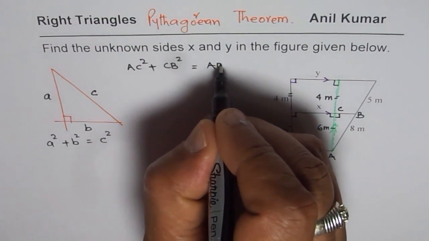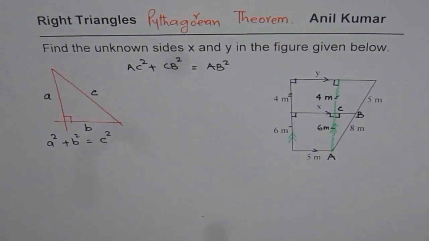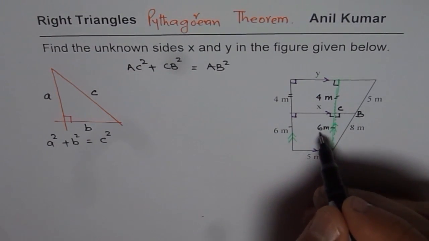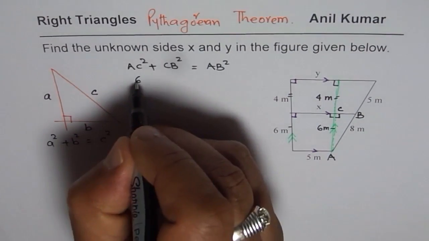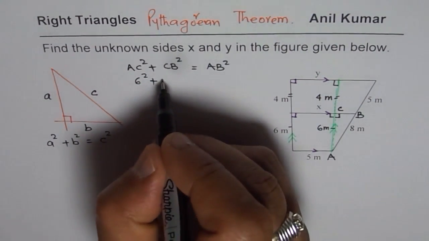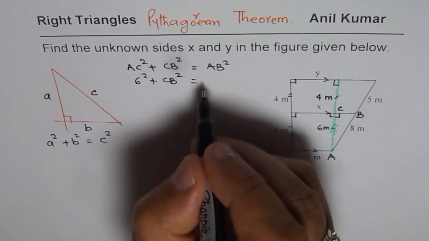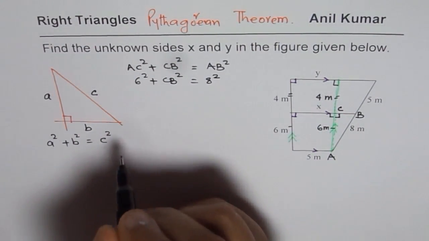So that is the application of Pythagorean theorem. We know AC is 6, so I'm replacing AC with 6, and CB square is not known to us, so we'll just write it as CB square. AB square is 8, let me write this as 8 square.